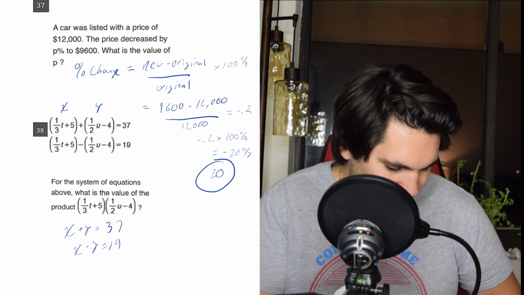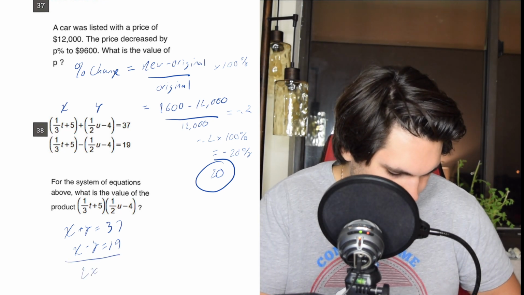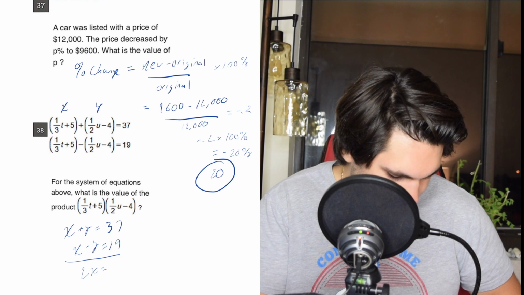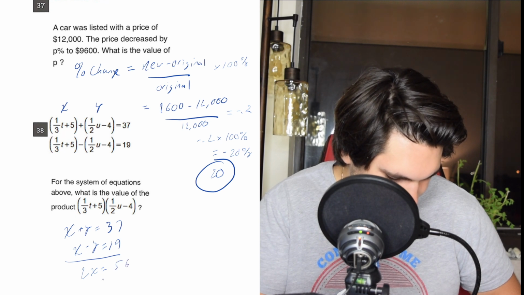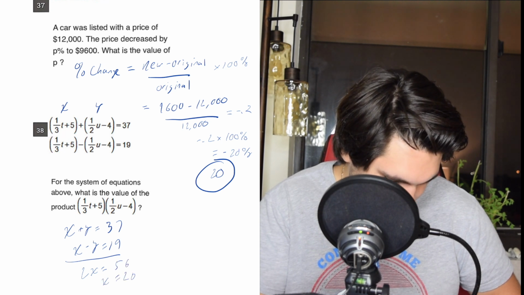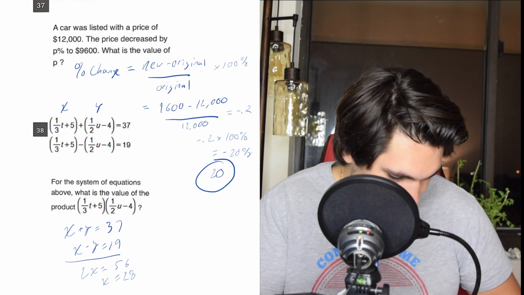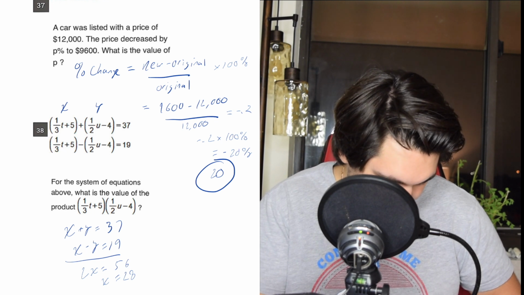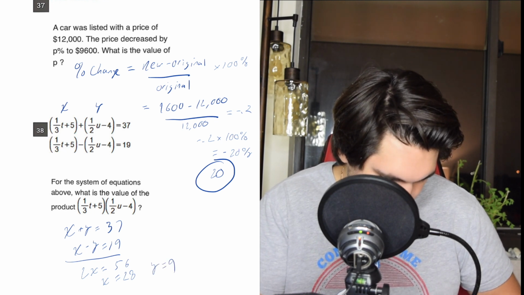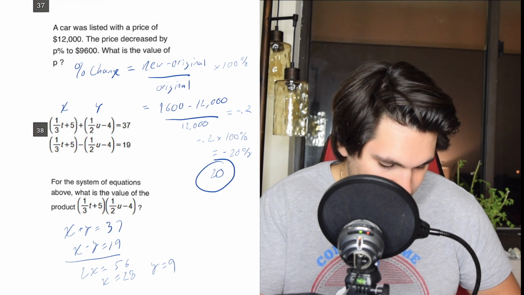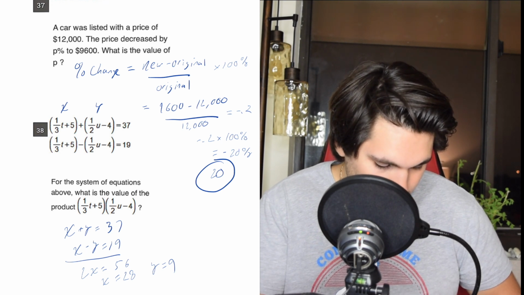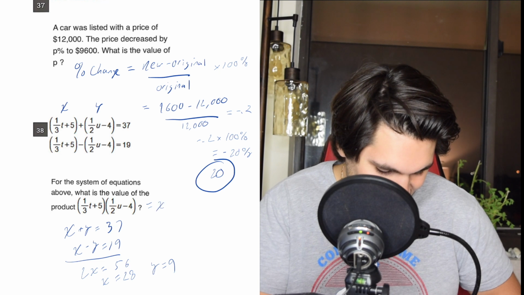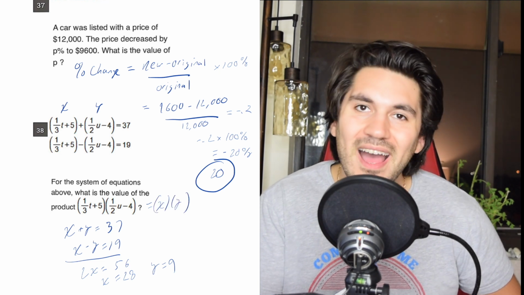Like if you add these together, 2x is going to be equal to 56, right? So x is equal to 28. Okay, cool. Well, if x is equal to 28, we know x plus y is 37, so y is equal to 9. And now, 1/3 t plus 5 times 1/2 u minus 4 is the same thing as x times y.